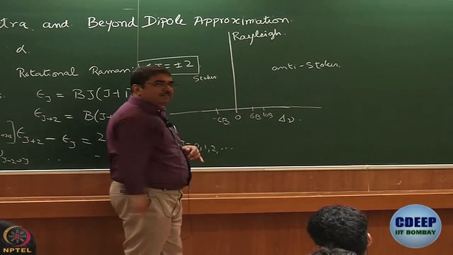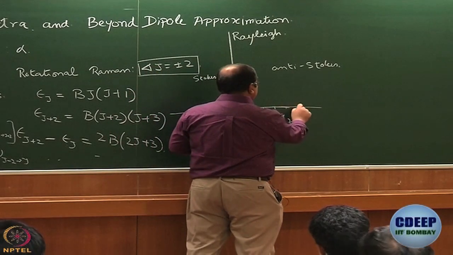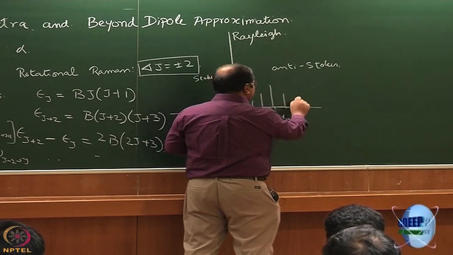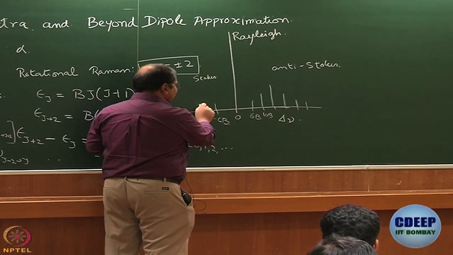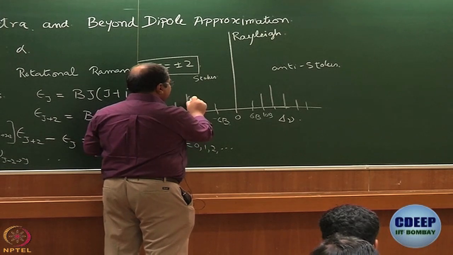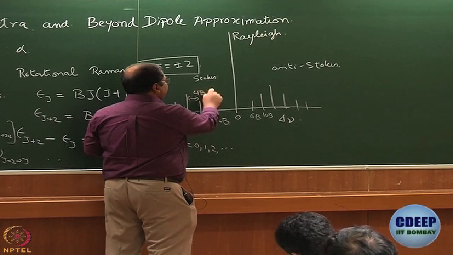Third, next line 14B, so on and so forth. So, what we get is this, you get a spectrum that would look exactly like the rotational spectrum, except for the fact that the separation of the lines is going to be 4B and not 2B.